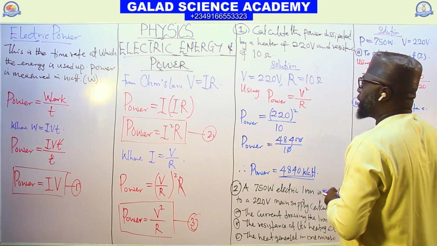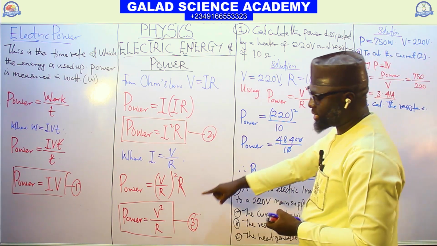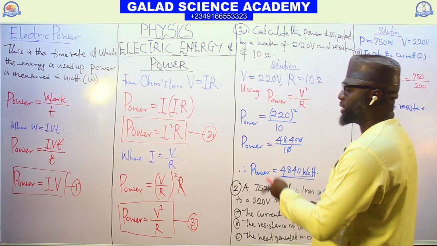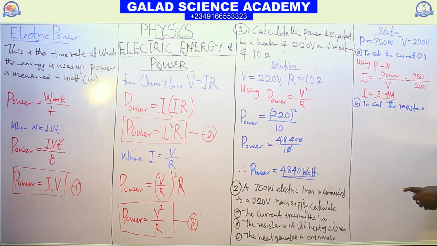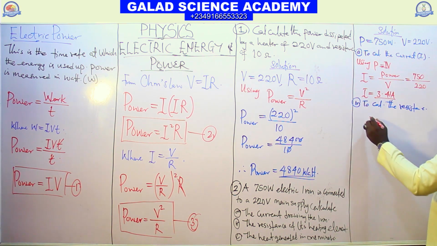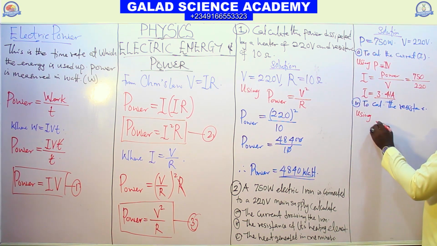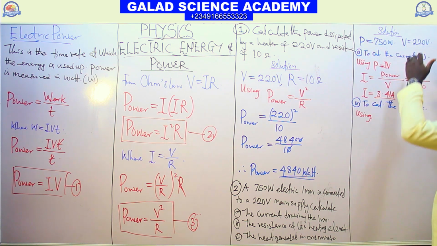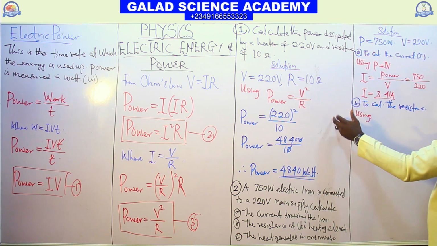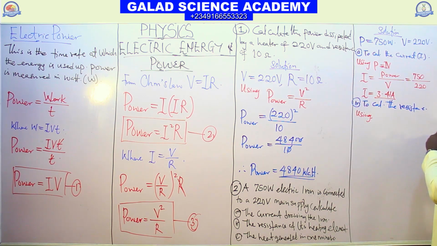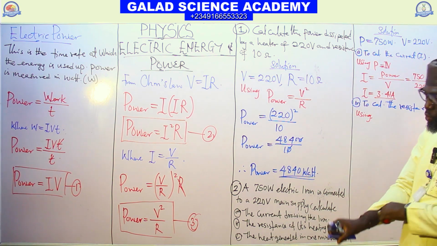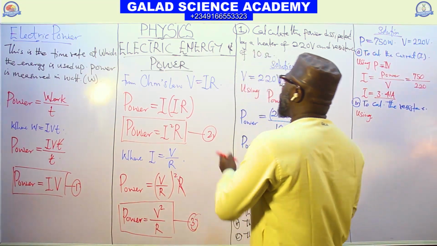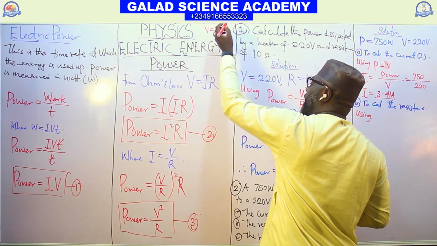Or we can use the formula relating resistance, potential difference, and power, using equation 3, or we can use Ohm's law, V equal to IR.